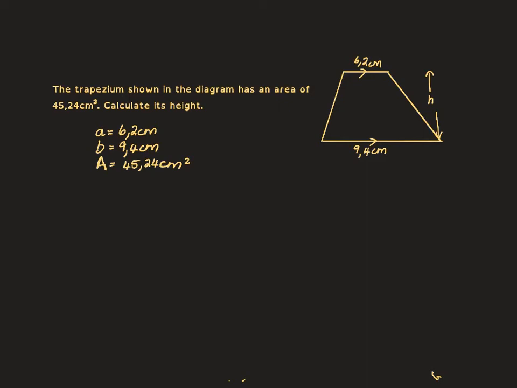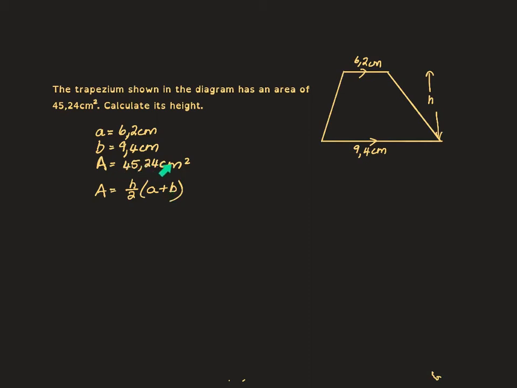Your next step is to write down the formula that you must use, which will be area of the trapezium. So area is equal to h over 2 (a plus b). Now you come to the substitution bit. 6.2 is a, so 6.2 is going to substitute for a. b is 9.4, so we're going to substitute b with 9.4.